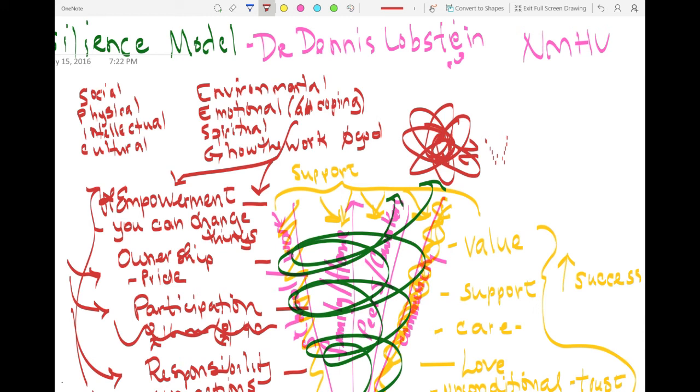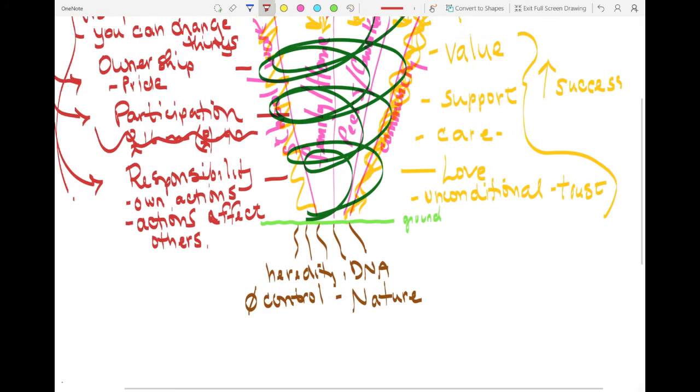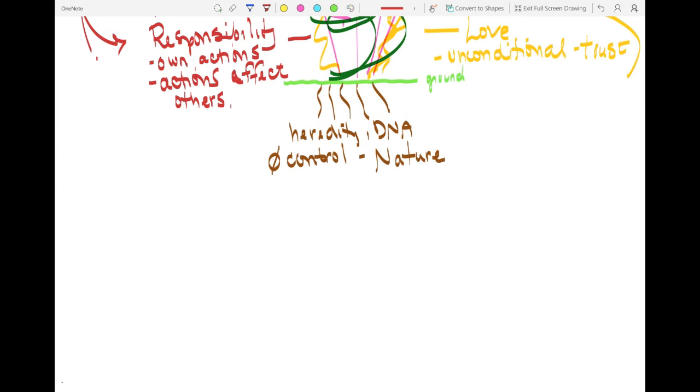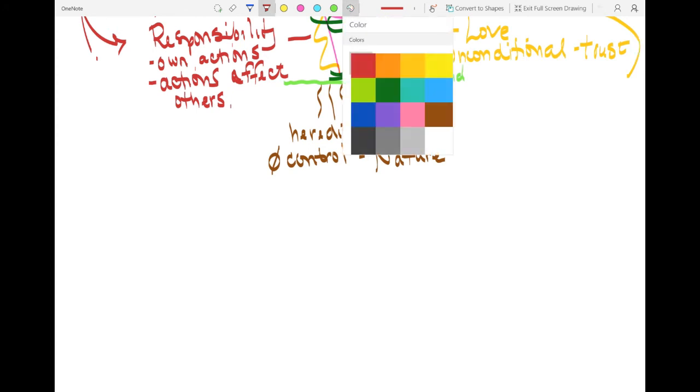So we have spices here. Okay. So what is this whole model about? Let me scroll down here so I can talk to you about it. This whole thing is about having a resilient child. Somebody who is resilient.